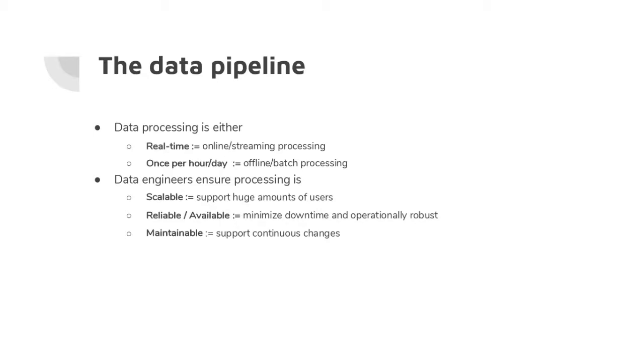More in the backend, we also have a lot of batch processing or offline processing. So for example, learning a new machine learning model, maybe that's done once each day, or large transfers of data from one system to the other. That's commonly done offline.